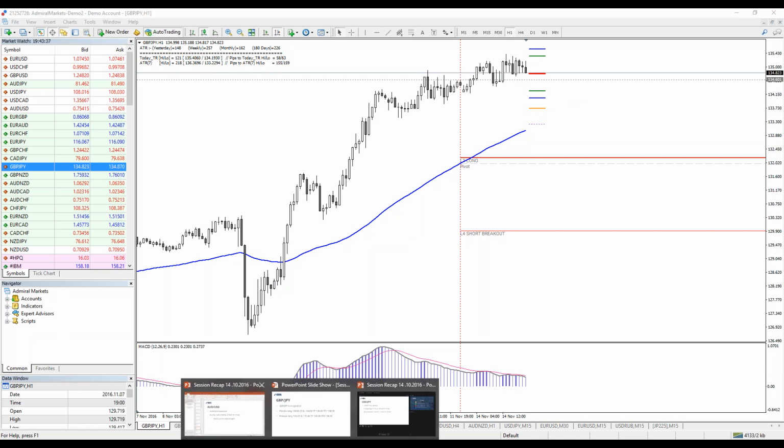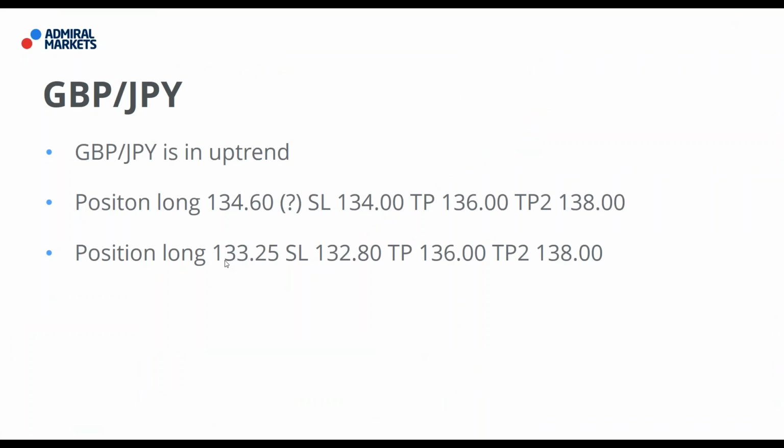Okay? So the only thing I would like to tell you is, watch for this level. It's better than the other one. I mean, you understand my point. It could reject again. But I would be personally watching more for 133.25.